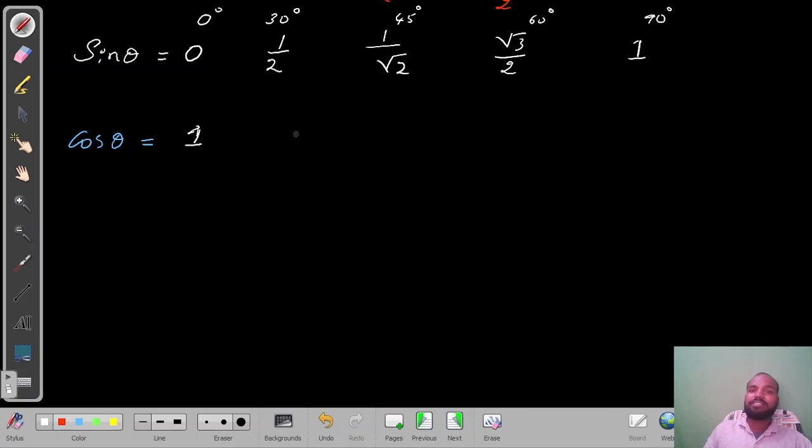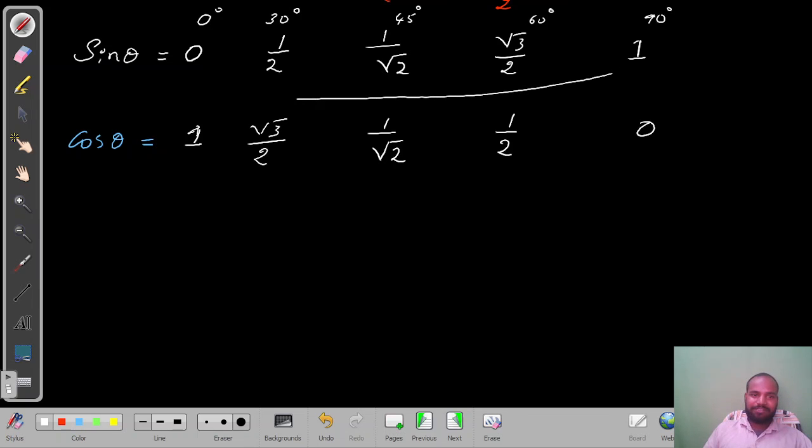Next, cos 30 is root 3 by 2. Next, cos 45 is 1 by root 2. Next, cos 60 is 1 by 2. And cos 90 is 0. Is it clear? I am just reversing the sine values.